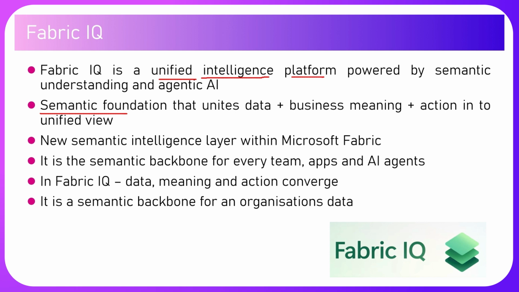It unites the data and provides that business meaning and action in a unified view. Now, a data model built across different enterprises will have a different meaning depending on where it is implemented, be it sales, a workshop, a supply chain, or a different industry like the medical domain, pharma domain, retail or hospitality.